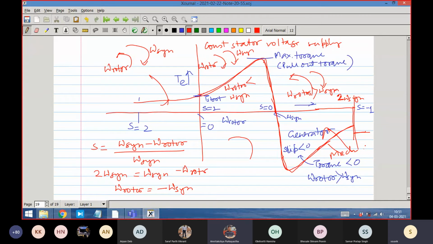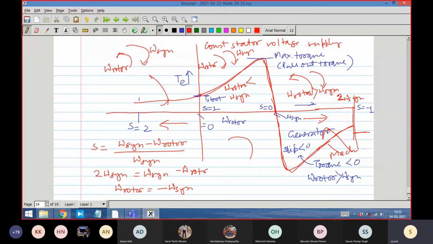Sir, you're talking about the S greater than 1 region, right? This is S greater than 1. This region is S less than 0, negative. Numerically it is exactly identical to the motoring mode, but negative.